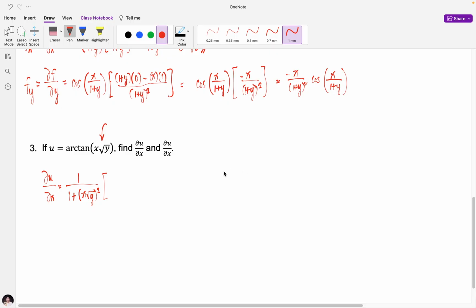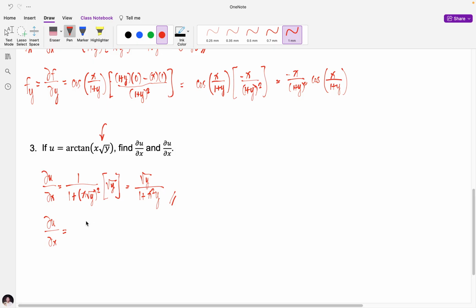In this case, this is with respect to x, so the square root of y is a numerical coefficient. The derivative of x is 1, so we have square root of y only. So this is now our final answer: 1 plus the square of x, which is x squared, times the square of square root of y, which is y. Okay? And last, we have the partial of u with respect to y.